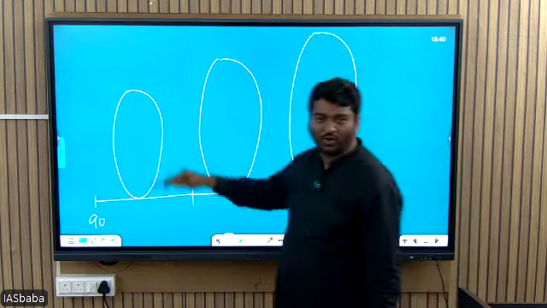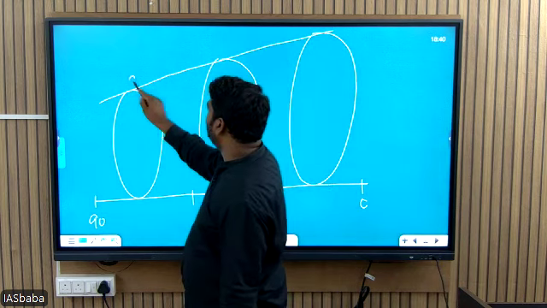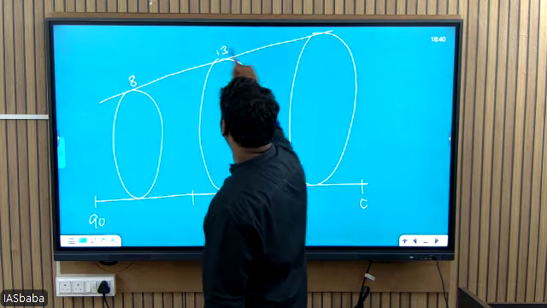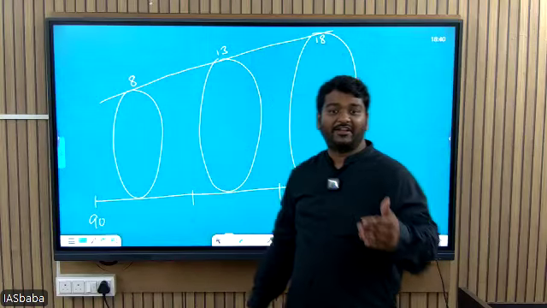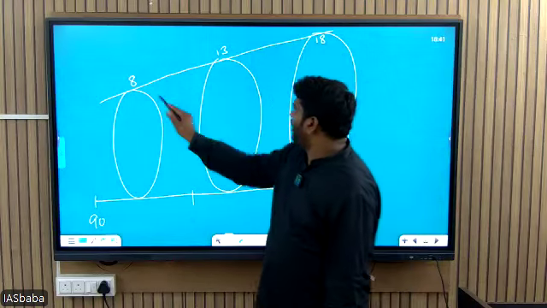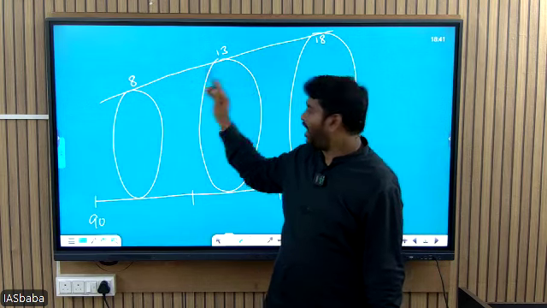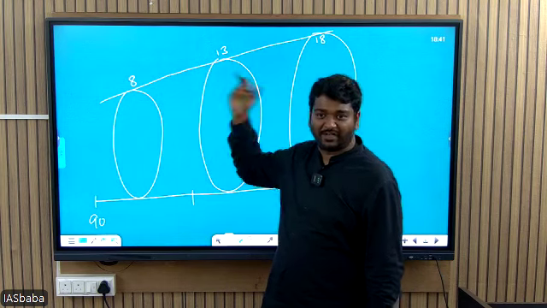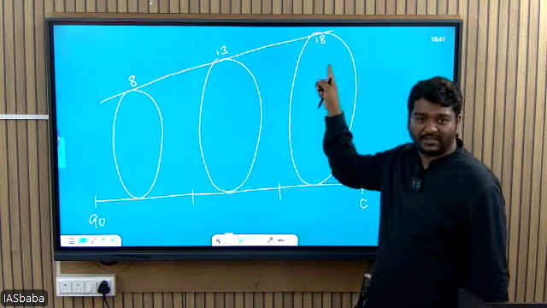Hot expands, cold contracts. What is the height? 8, 13, 18. Where are developed countries present? Most of the developed countries are present between 8 to 13 kilometers, above 30 degrees. India and all come here.